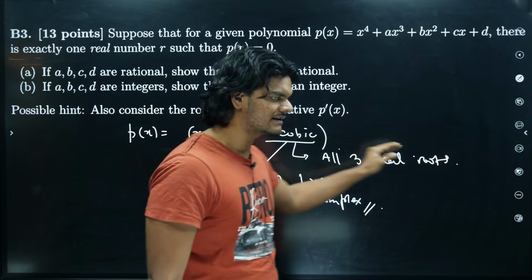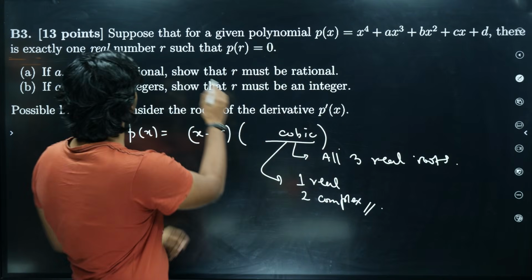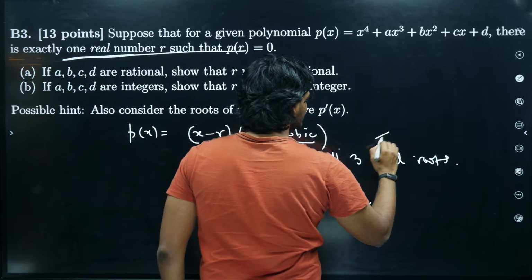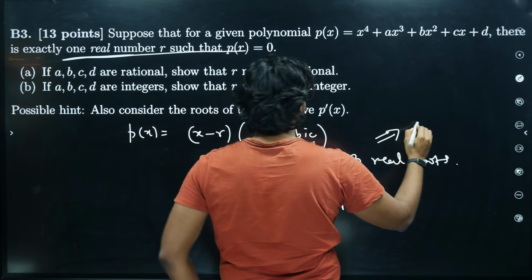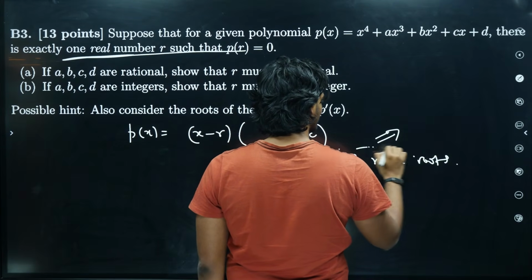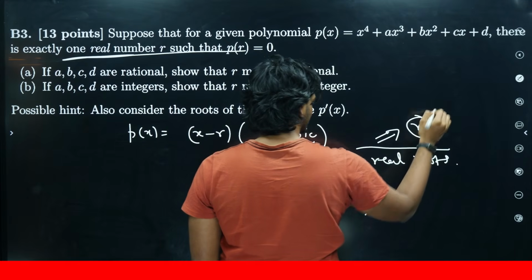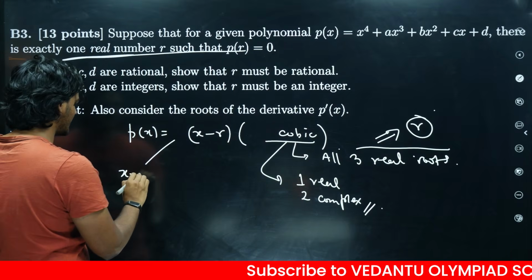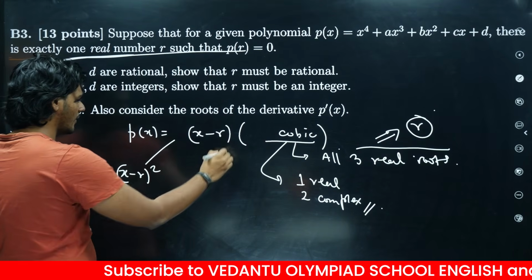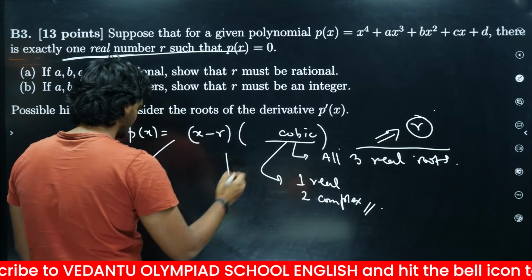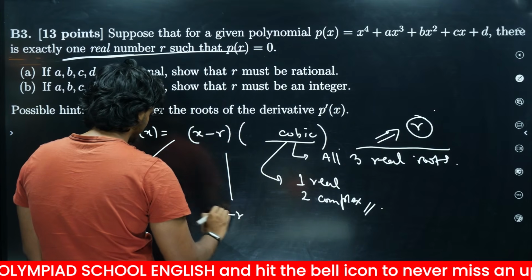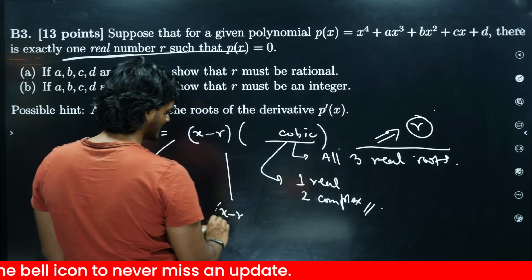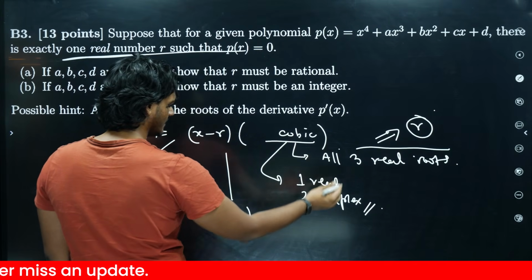If all three are real roots and we know that there is only one real root, this case would imply that all three real roots are also r only. Only r is the root. So that means either it is x minus r whole power 4, not square, or it is x minus r, one real root.